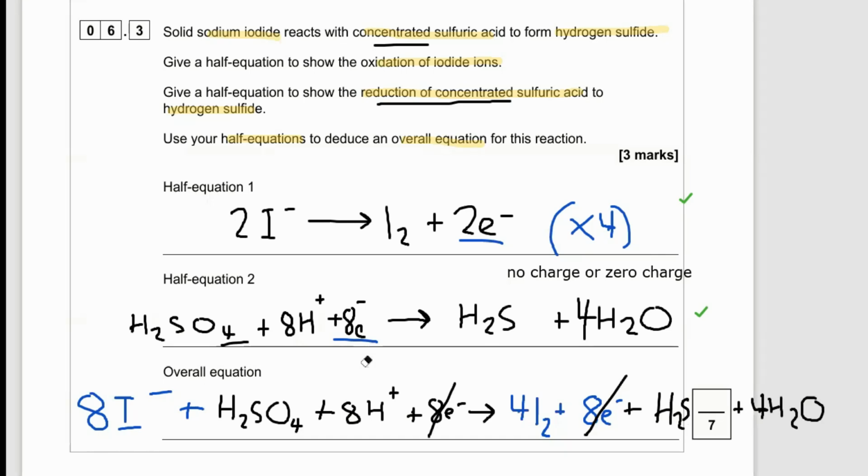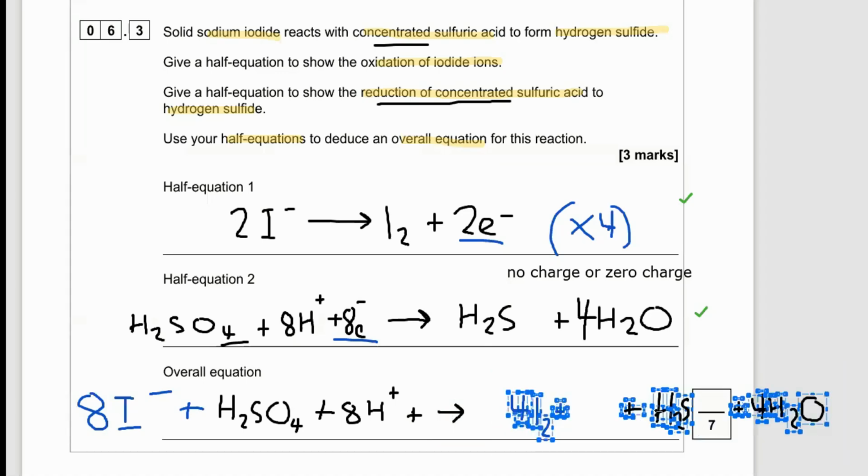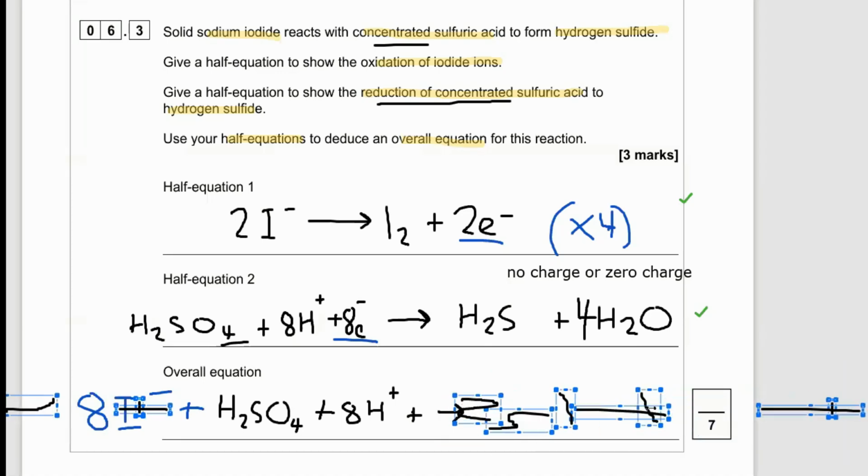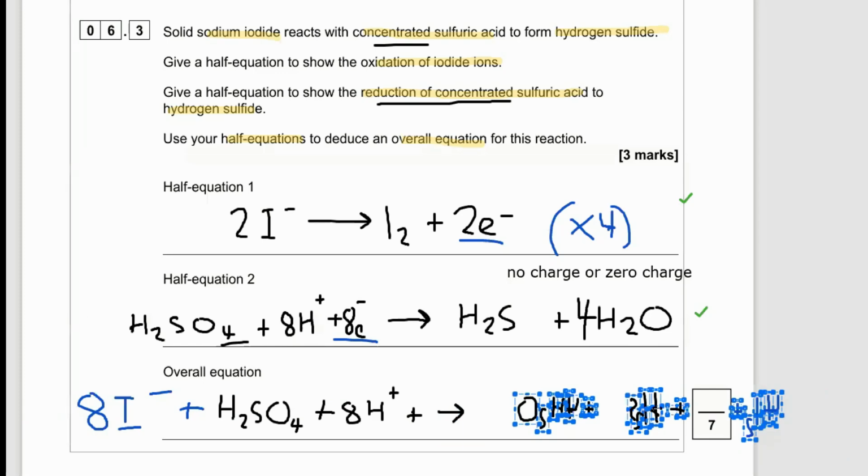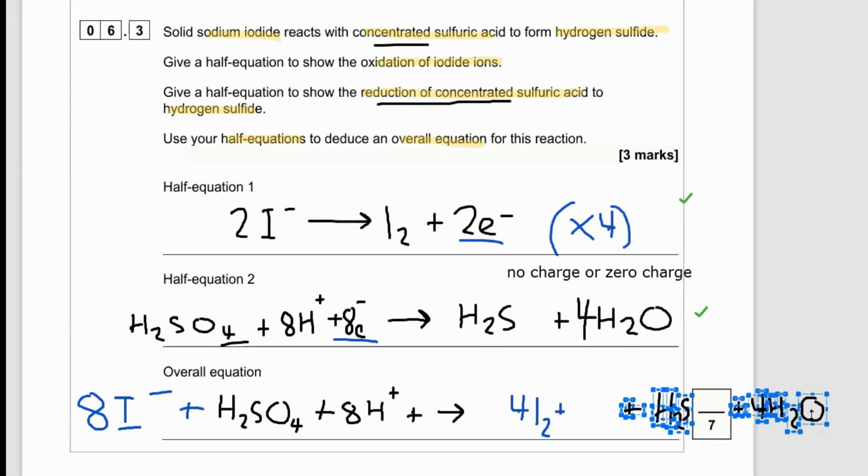Now we should really just cross out those electrons and patch all of this up. We don't need those electrons. Why don't we need the electrons? Because they cancel out on either side, so let me just drag this all over. There we go.